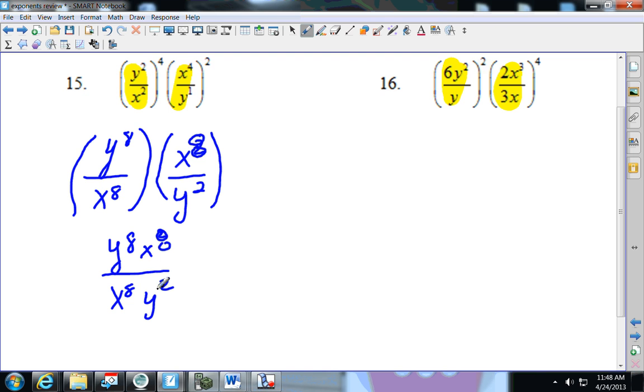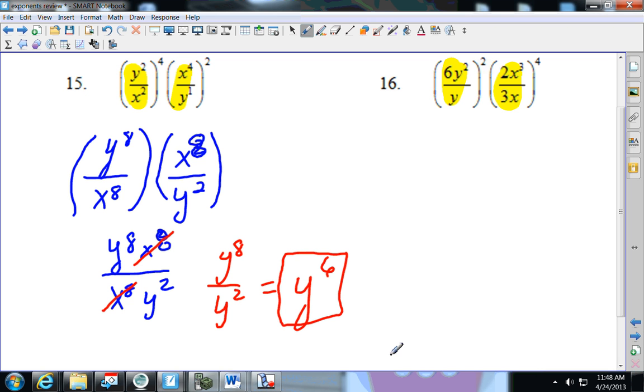Now, I have 8 x's down here, 8 x's up here. They cancel each other out. They go away. Now I've got y to the 8th over y squared. What does that answer become? What do you do with your exponents? Subtract, so it's y to the 6th. So your answer becomes y to the 6th.